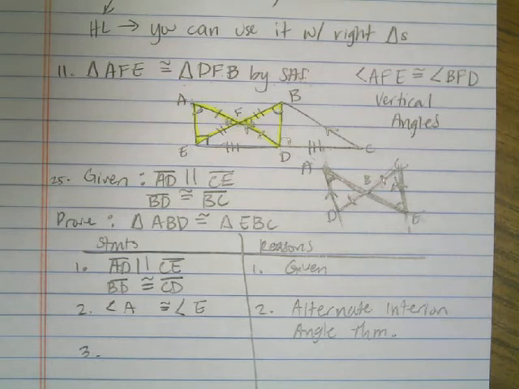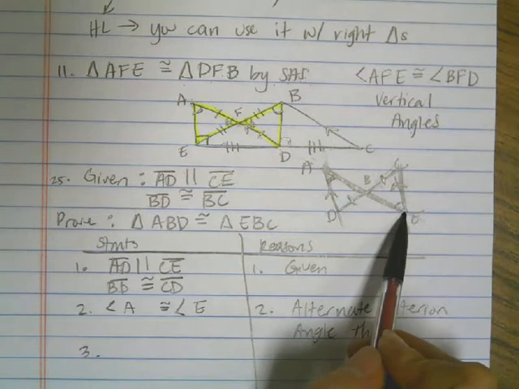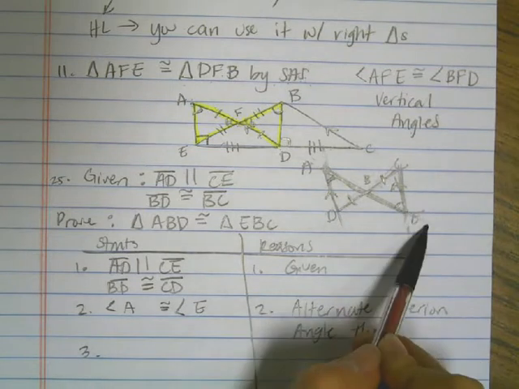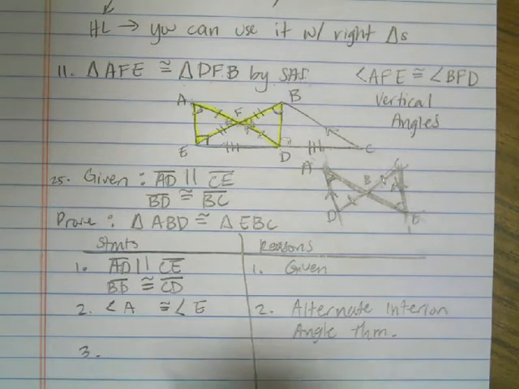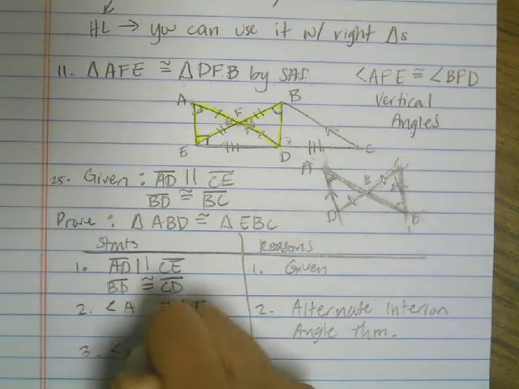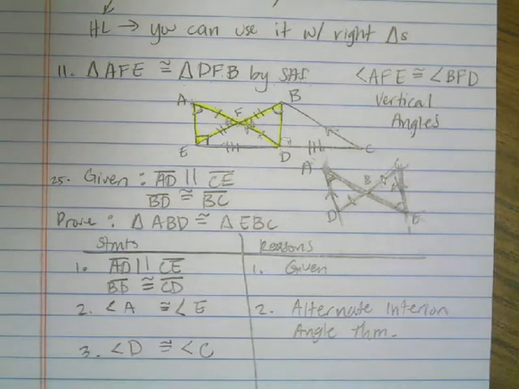You already said E and A, so E and A are taken care of. D and C. D and C, good. Why? What's the reasoning? Because they are alternate interior.